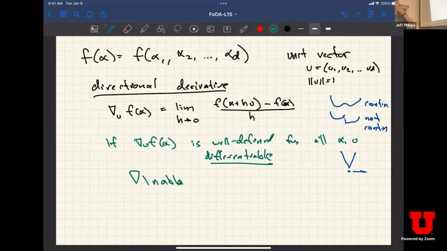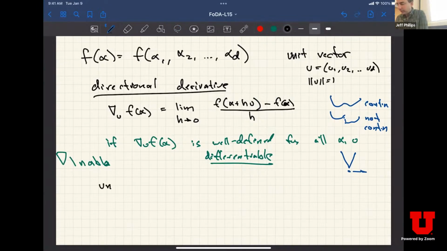Okay, so I want to define this, but this is not a fun definition to actually work with. We're going to compute stuff. So I want to look at some fairly specific choices of unit vectors. I'm going to consider unit vectors called E1, E2 up to ED.